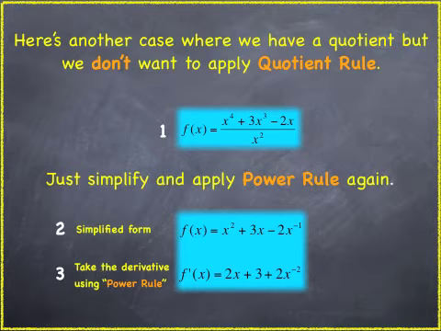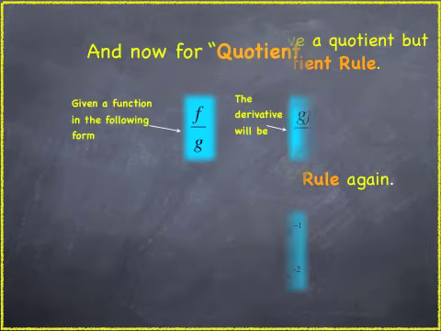And you can do that using your exponent rules and simplify. So in step 2, you can see we have simplified our function just using basic exponent rules. Step 3, now we can take the derivative of each term using power rule. We do not need quotient rule.